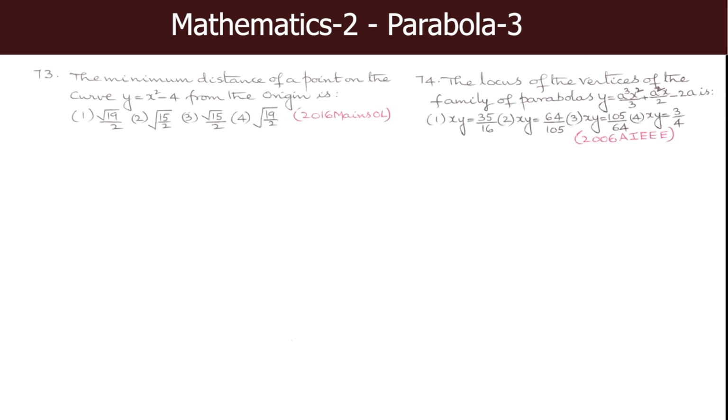Okay, next. The minimum distance of a point on the curve y equal to x square minus 4 from the origin is, 2016 mains online.